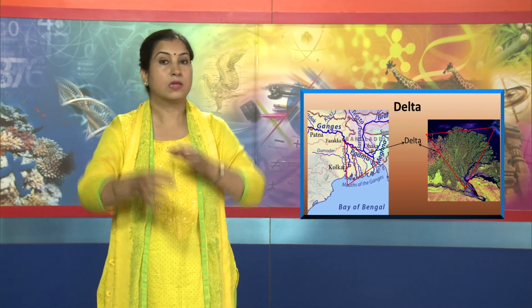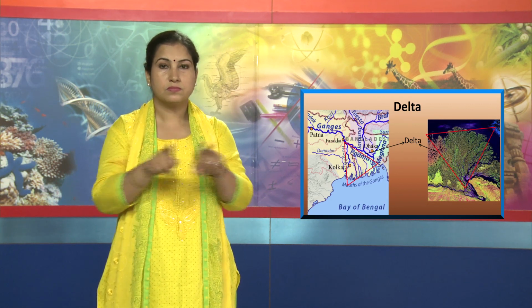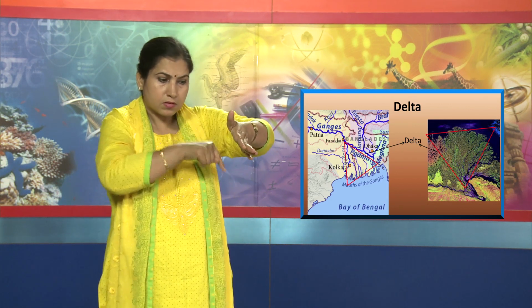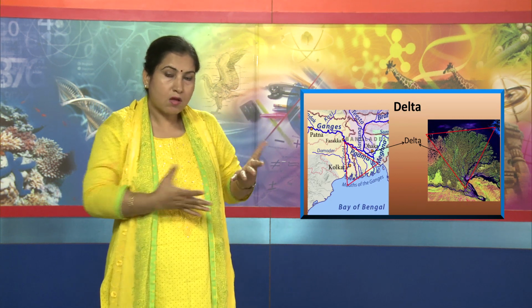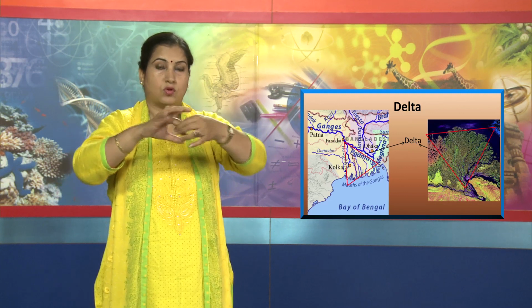For example, mouth of a river is the place where it joins the sea. Ganga Delta is a good example.